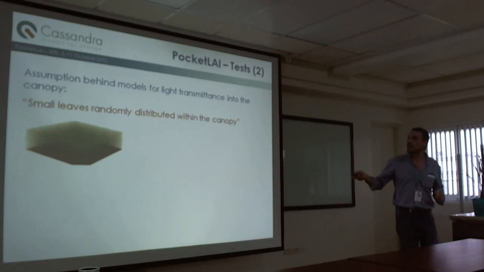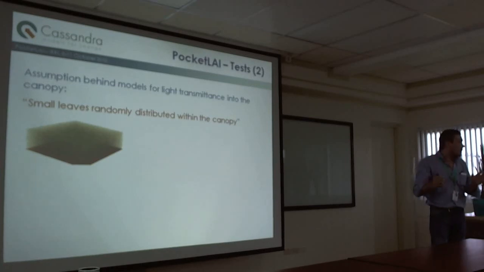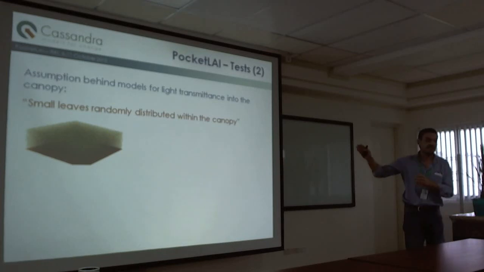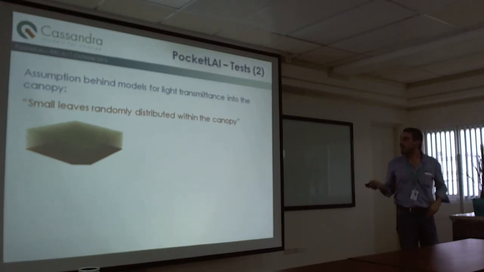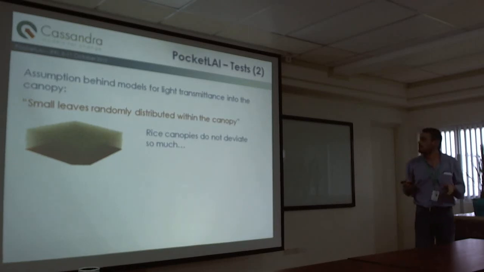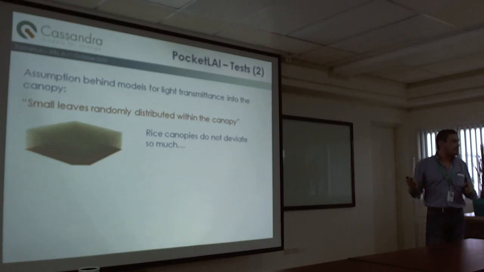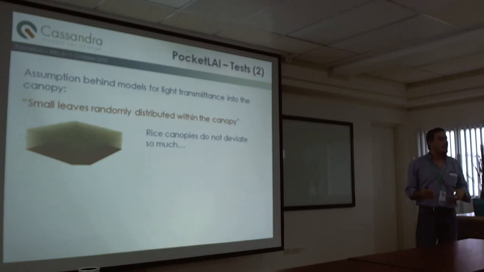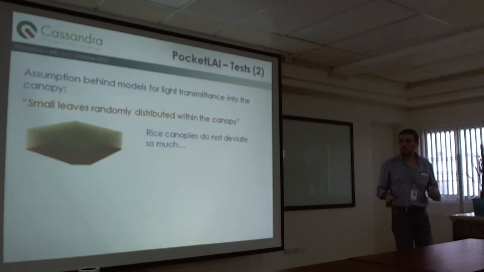This is what you should have in order to apply these indirect methods, which are all the methods implemented in tools like the ceptometer and so on. Of course, for rice canopy, this is okay. They do not deviate so much from this assumption. Leaves are not so big, and after the first stages, canopies are reasonably homogeneous.